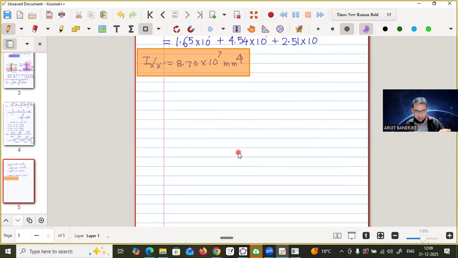So moment of inertia calculation, so far we have done for these two sections. Also, L section you can do similarly. L section means like this. You can do like this, for example, L section.